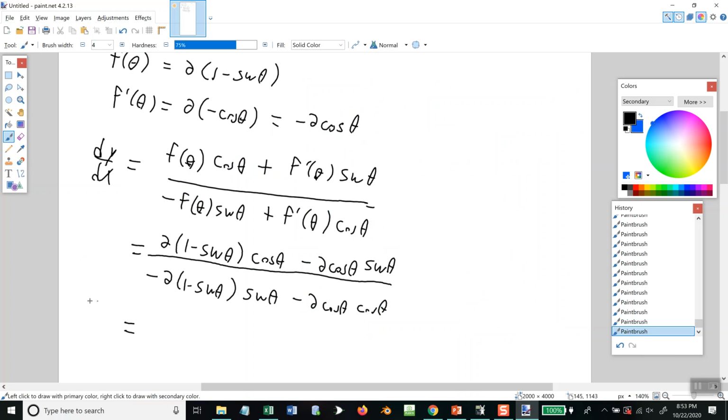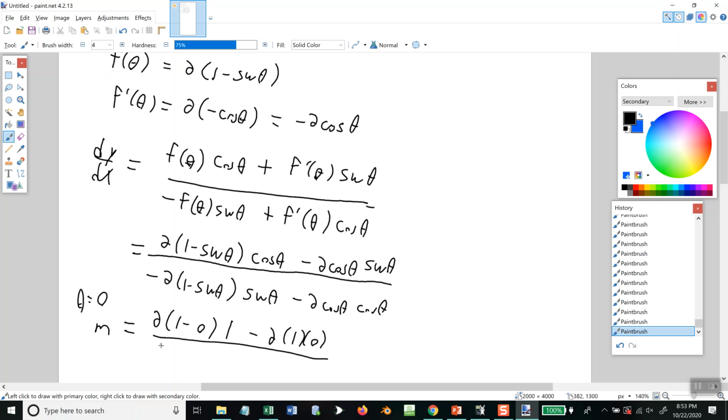So if I plug in theta equal to 0: 2 times 1 minus sine of 0, which is 0, times cosine of 0, which is 1, minus 2 cosine of 0, which is 1, times sine of 0, which is 0.